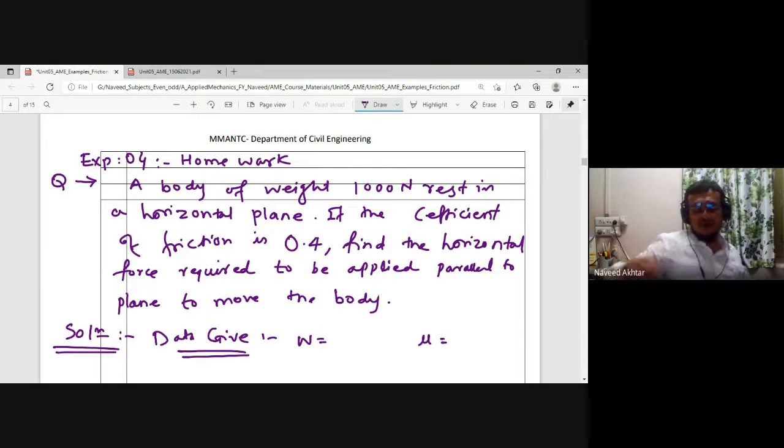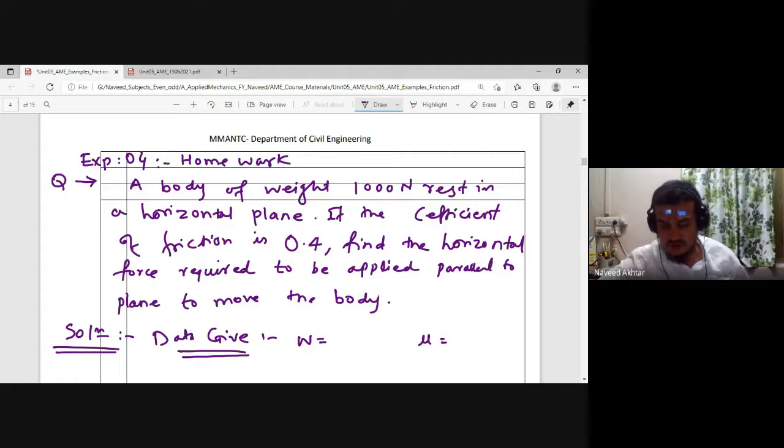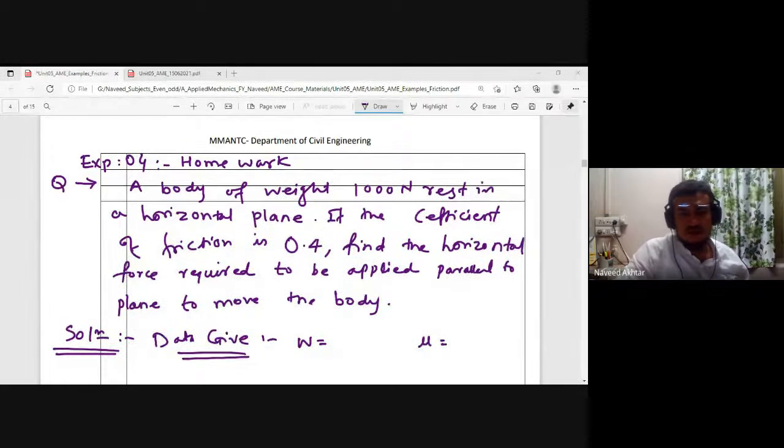Now you have to find the horizontal force required to apply parallel to the plane to move the body. Complete the answer.